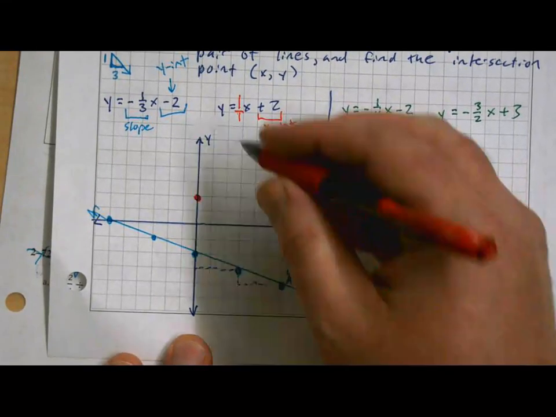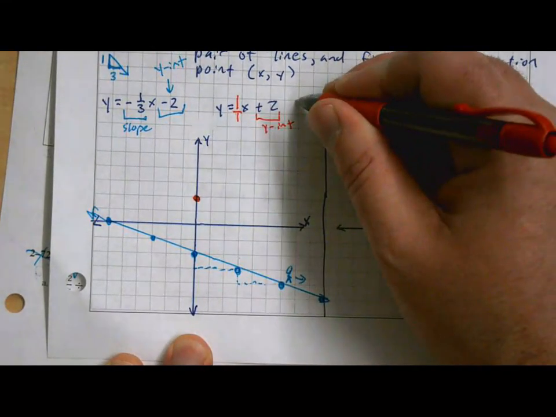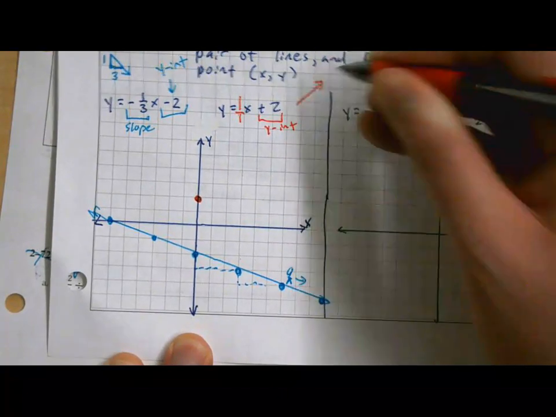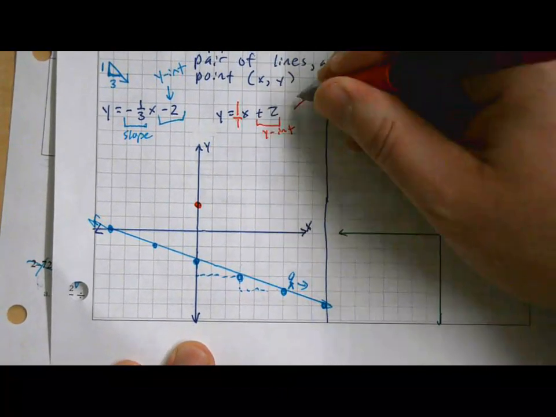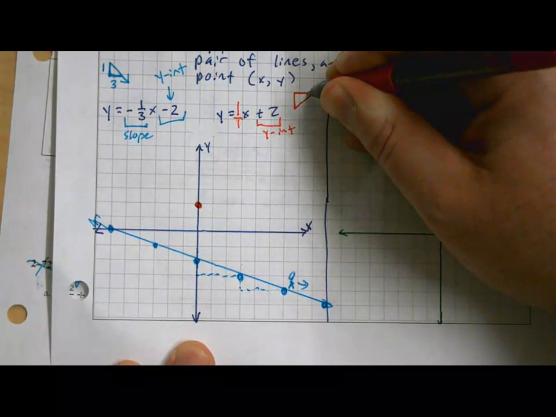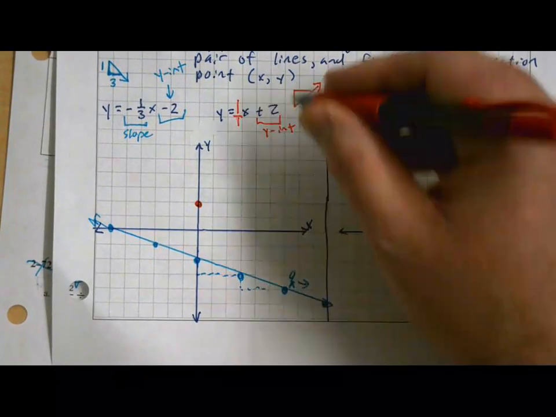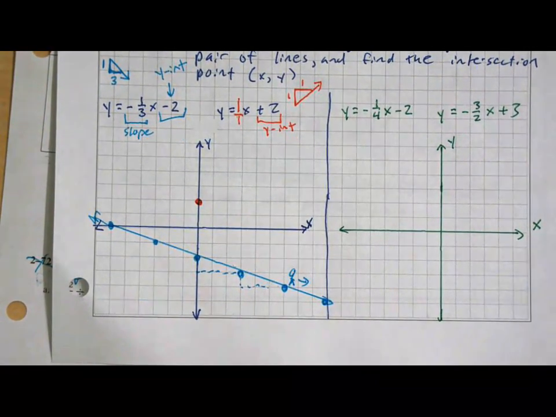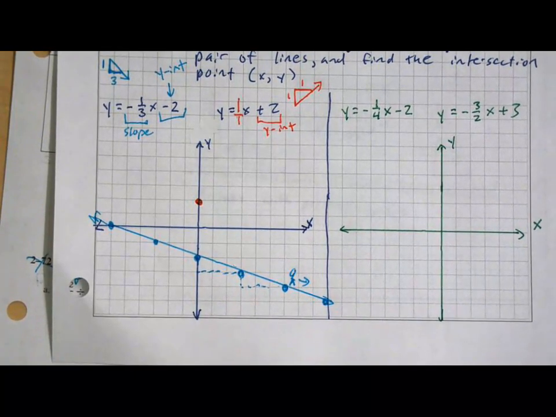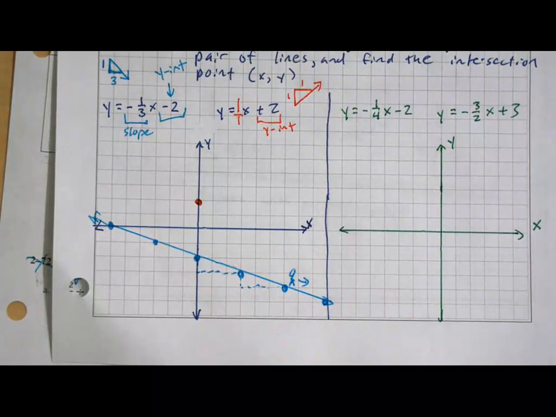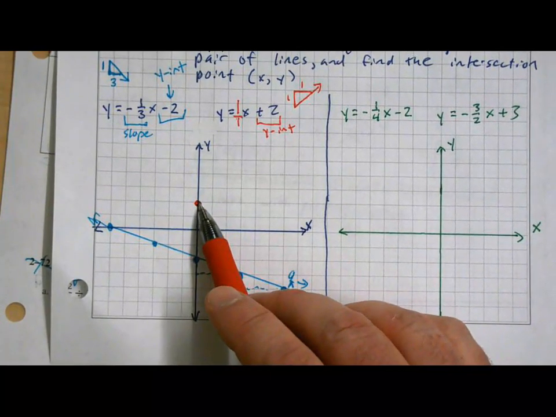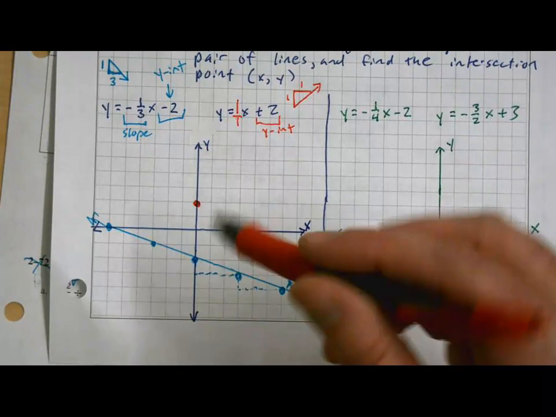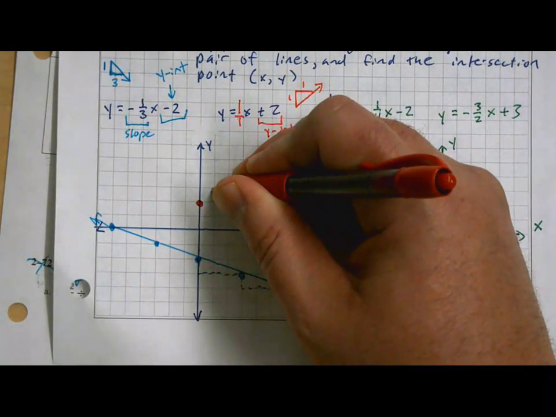And this slope is 1 over 1. That means it's going to be going uphill like this, and my slope triangle is going to be on the top side of it. It's going to be going up 1 over 1. So put your pencil down at that y-intercept and count up 1 space, over 1 space.